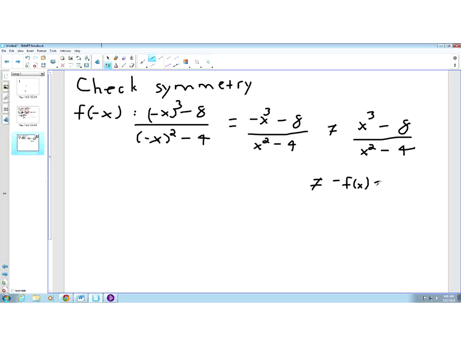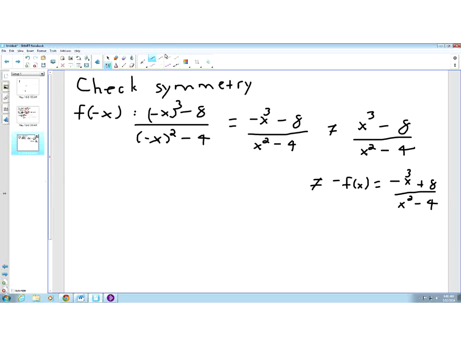And minus f of x, of course, is equal to minus x cubed plus 8 divided by x squared minus 4. Okay, so this graph has no symmetry.